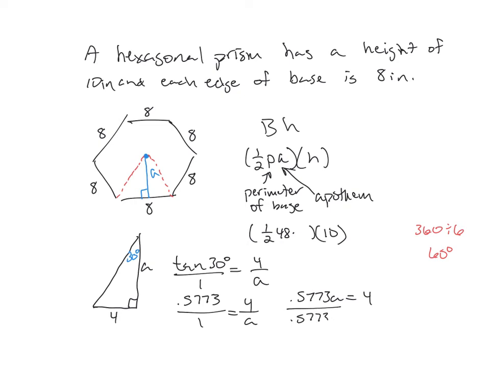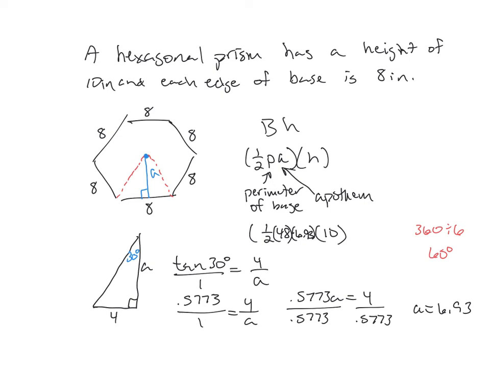And then I'm going to divide 4 divided by that decimal. It's like 6.928, which rounds off to 6.93. Okay, so in here, I have my perimeter, and then my apothem is 6.93.